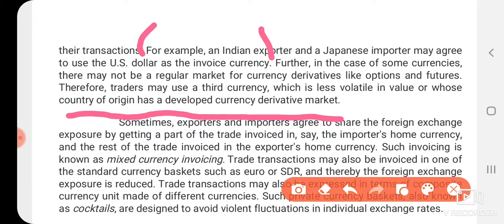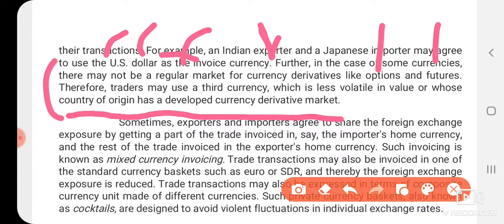Why? For example, an Indian exporter and a Japanese importer may agree in the agreement to use US dollars as the invoice currency. Further, in the case of some currencies, there may not be a regular market for currency derivatives, like options as well as futures.